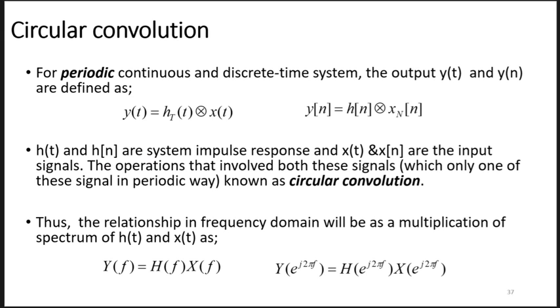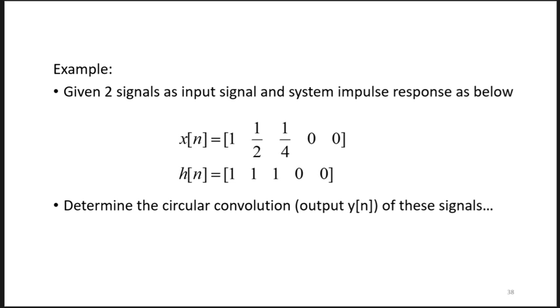So kita guna circular convolution for periodic signals. Okay. Again, given two signals xn dengan hn. So kita nak try buat dia punya circular convolution.